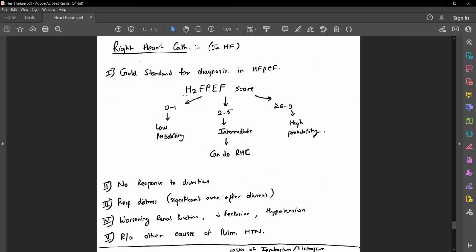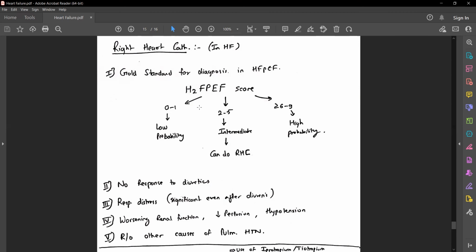You can use something called the H2FPEF score. The H2FPEF score stands for: H2, that is heavy, for 2 points; hypertension, 1 point; AFib, 3 points; pulmonary hypertension, 1; elderly, 1; and then elevated filling pressures on the echo, a score of 1.